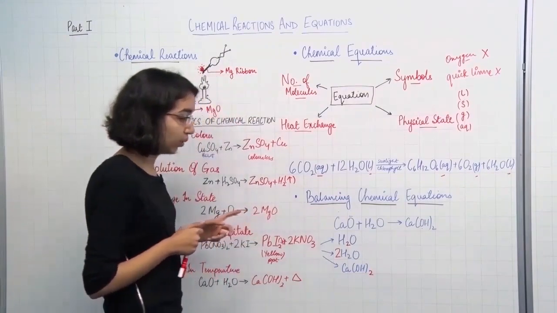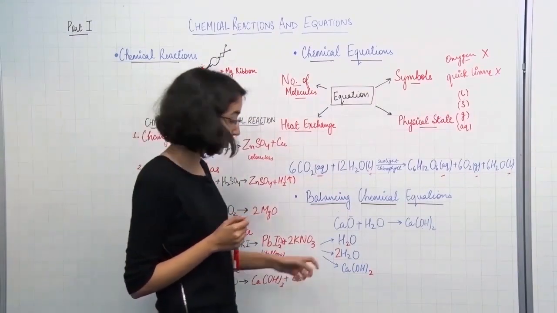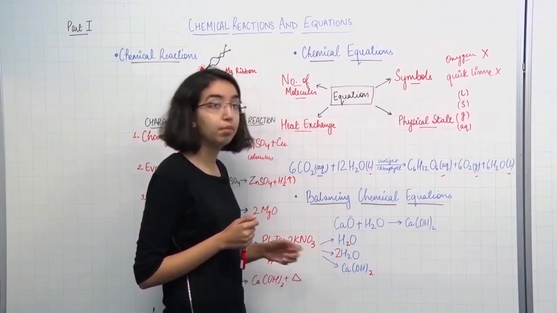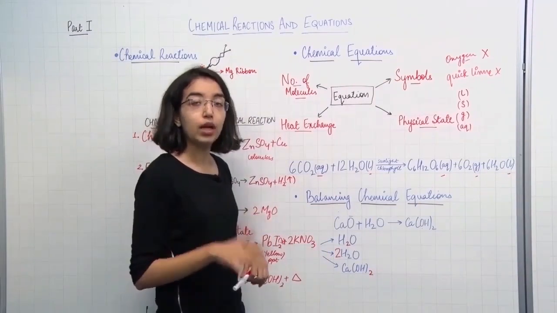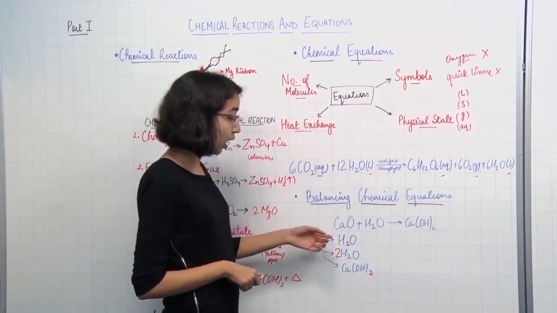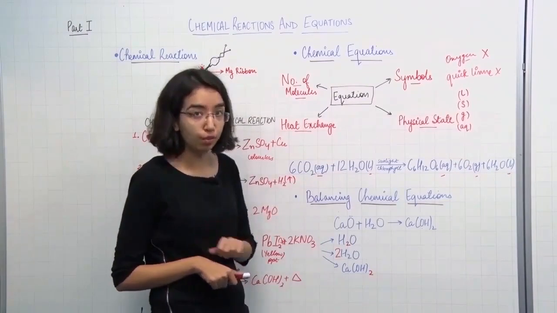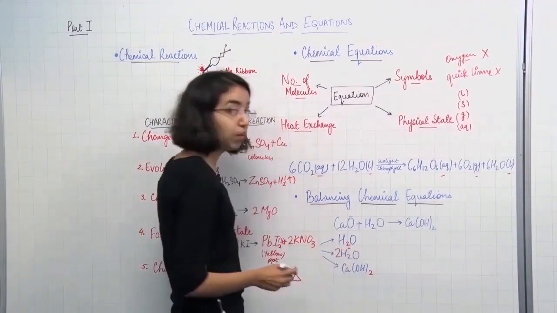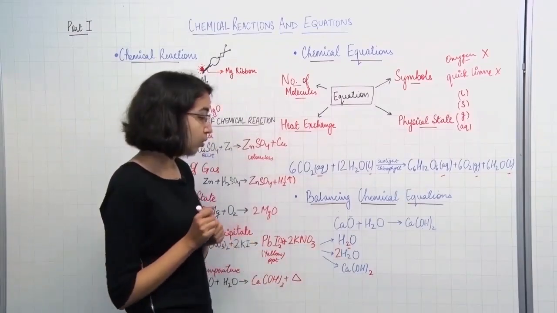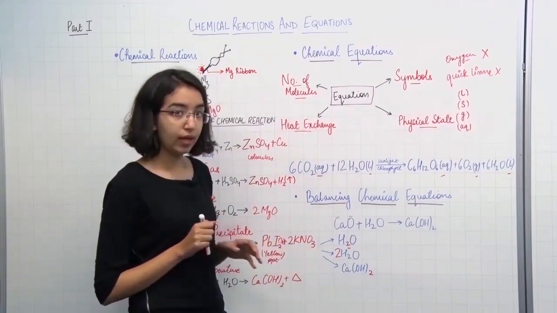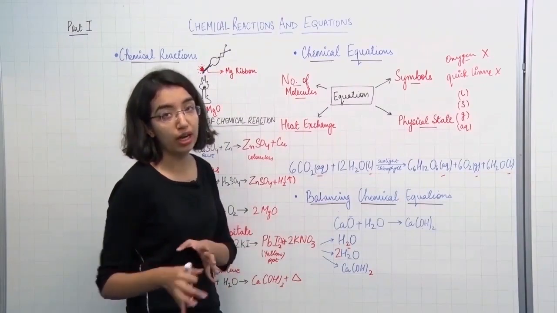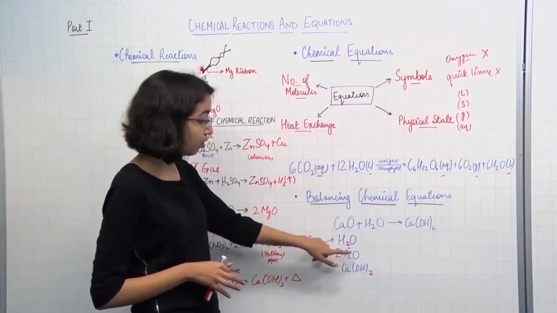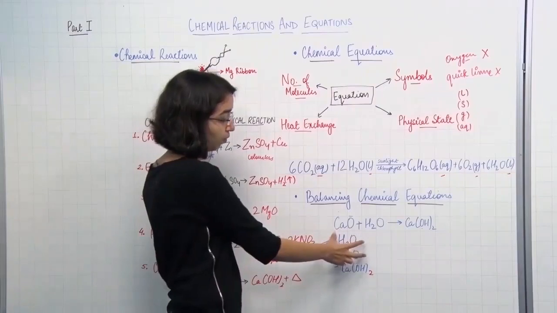Now to balance the equation, before getting to that, we will understand the different ways in which numbers are put across so that we can understand how to balance an equation properly. Here you can see that this 2 is part of the formula. So when I'm saying H2O and there are supposedly extra or fewer hydrogen atoms, I cannot change the composition of the molecule.